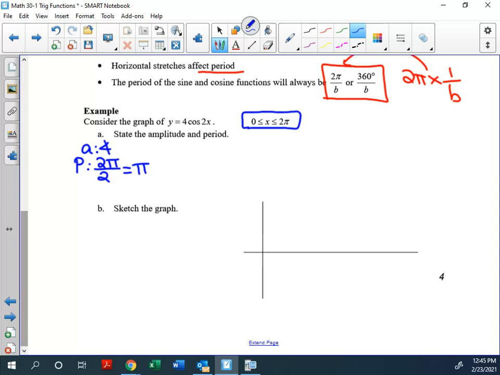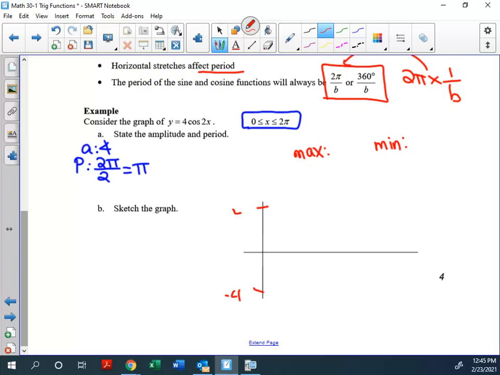Now, using that information, I'm going to sketch the graph. So here's what's relevant. I need to know how high and how low this is going to go. So if I stretch this, the high point, the range is going to be between -4 and +4. Make sense? Okay.